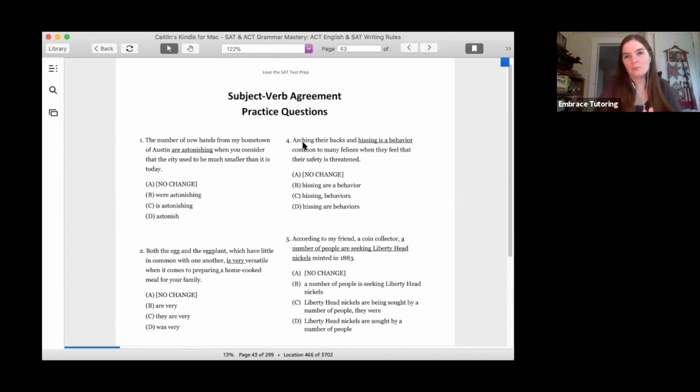I'm going to read through B first, and then we'll read through C, and then we'll talk about A and D. So choice B is: arching their backs and hissing are a behavior common to many felines when they feel that their safety is threatened. Listen to it one more time: arching their backs and hissing are a behavior common to many felines when they feel that their safety is threatened.